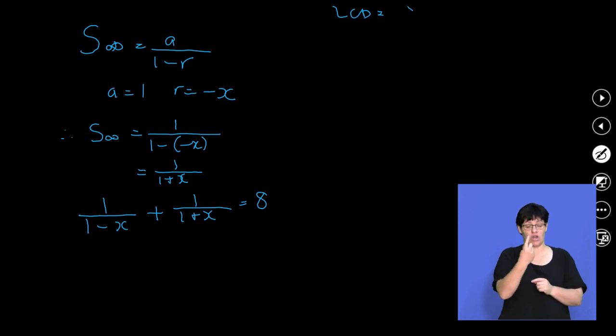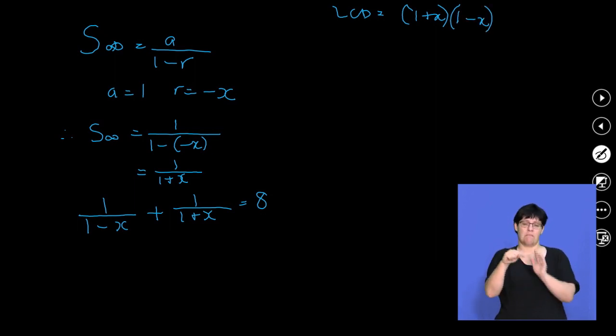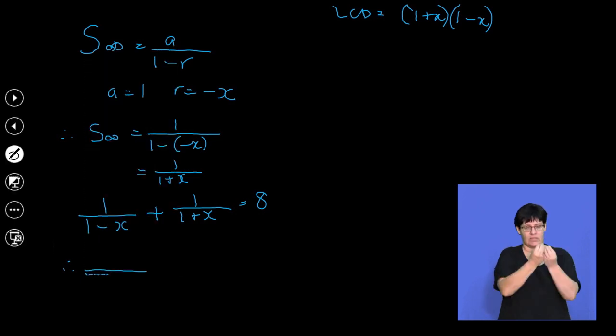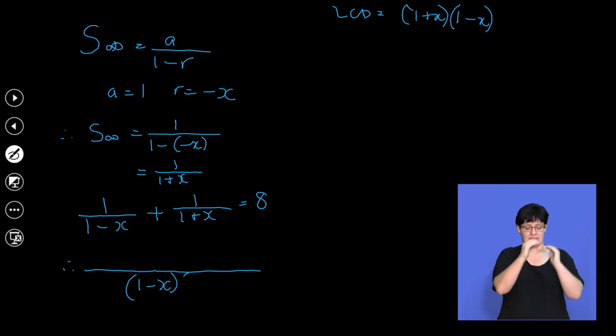So the first denominator is 1 plus x, or sorry, 1 minus x. The order doesn't really matter though, so that's cool. So we have 1 plus x and we have 1 minus x. So therefore, we're going to put everything over the same denominator. So we have 1 minus x, 1 plus x.